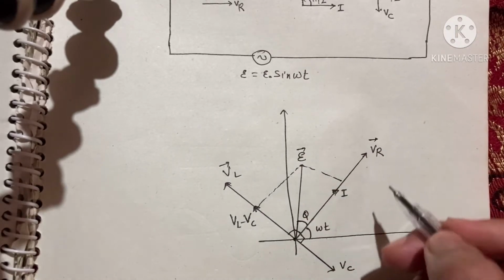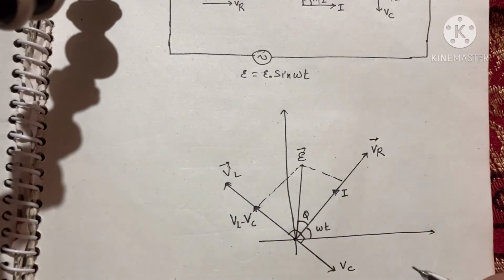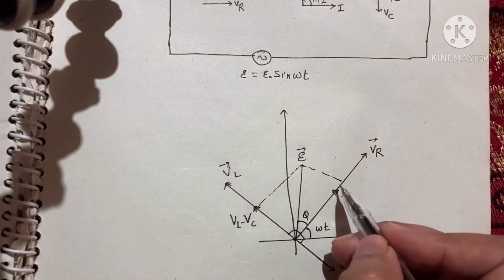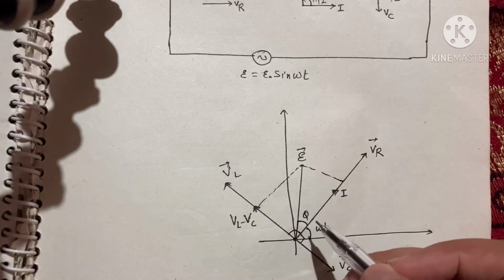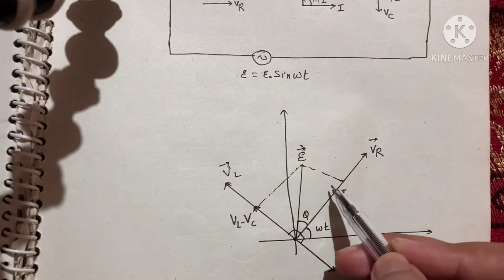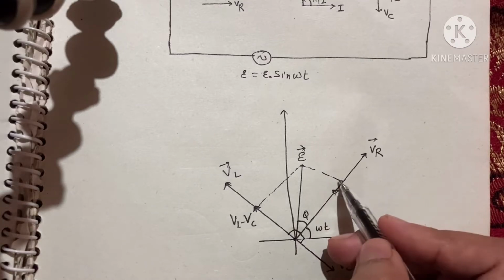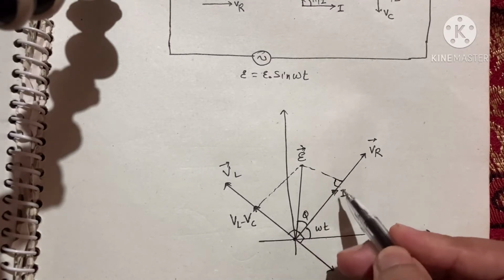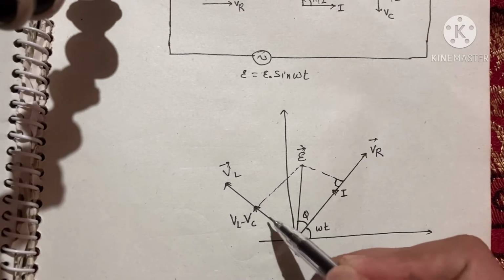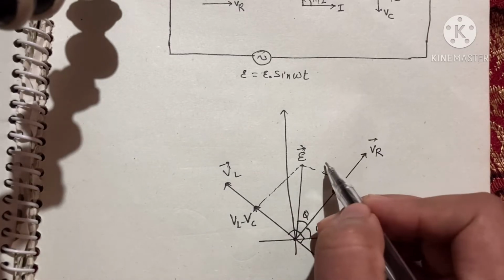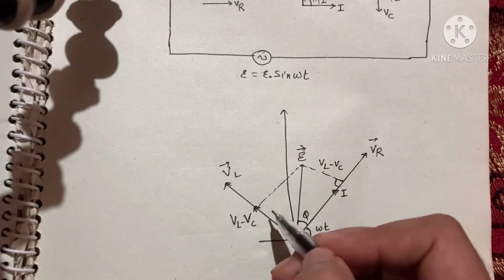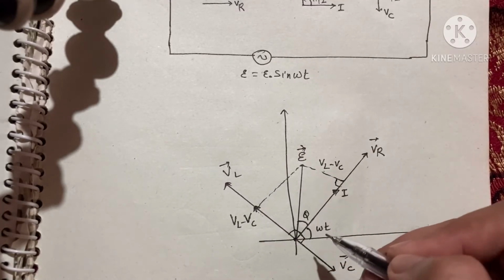Make all these vectors. This is your parallelogram, and this is your EMF here. Now you can see this will be 90 degrees, and this is your resultant EMF, and this line and this line are equal. That means this line will be VL minus VC, because it is parallel.